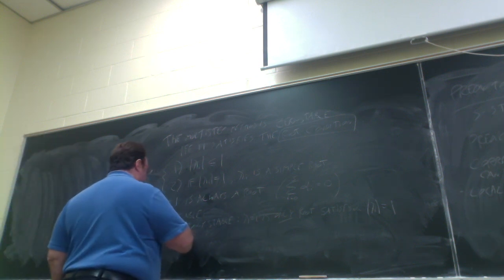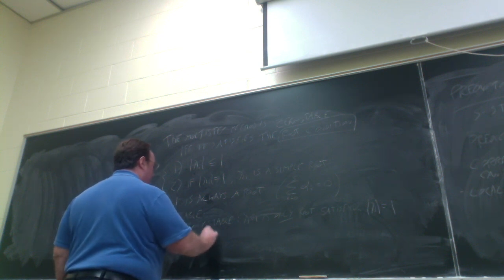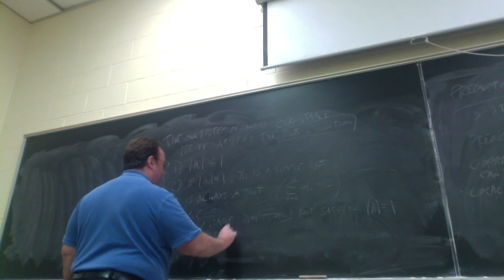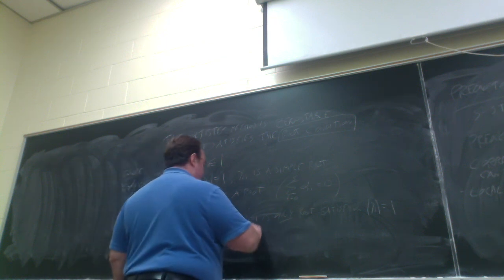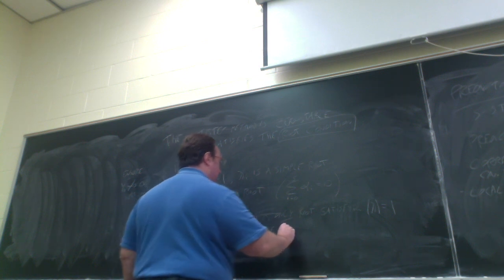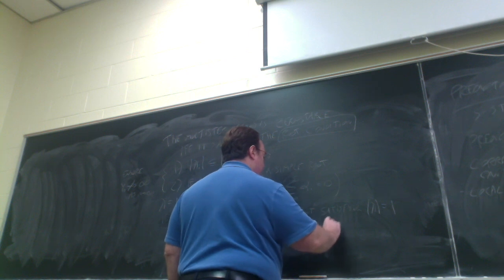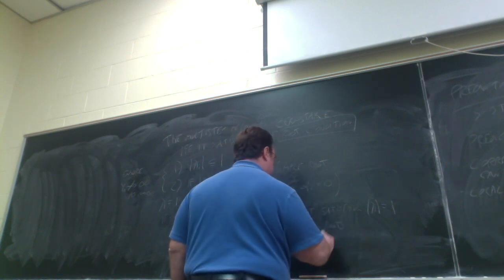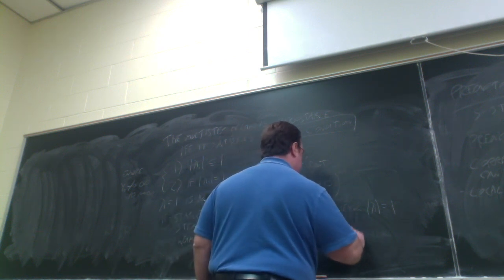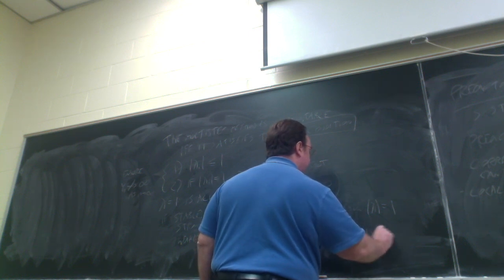On the other hand, if this does happen, then the method is weakly stable. So you have multiple but still distinct roots satisfying the absolute value of lambda is equal to 1.